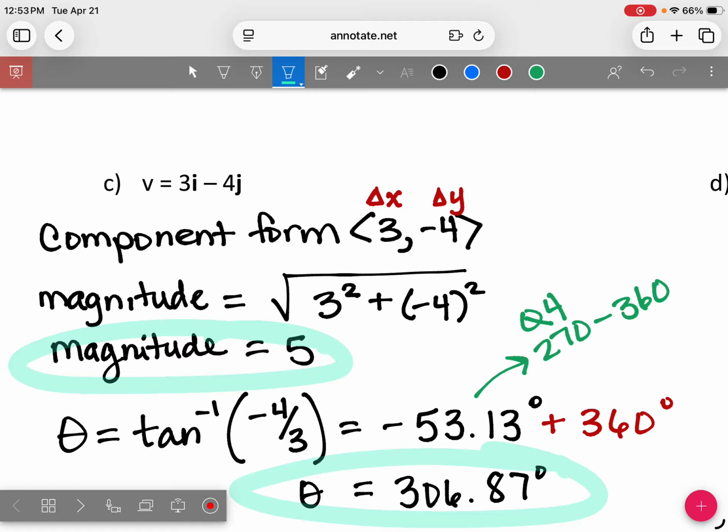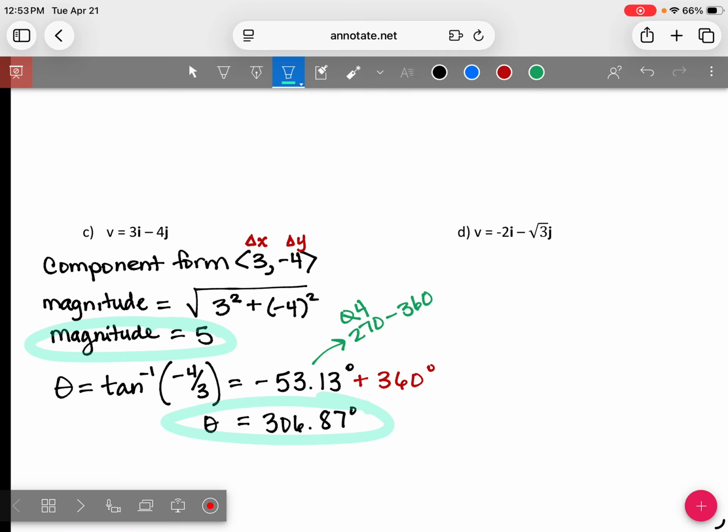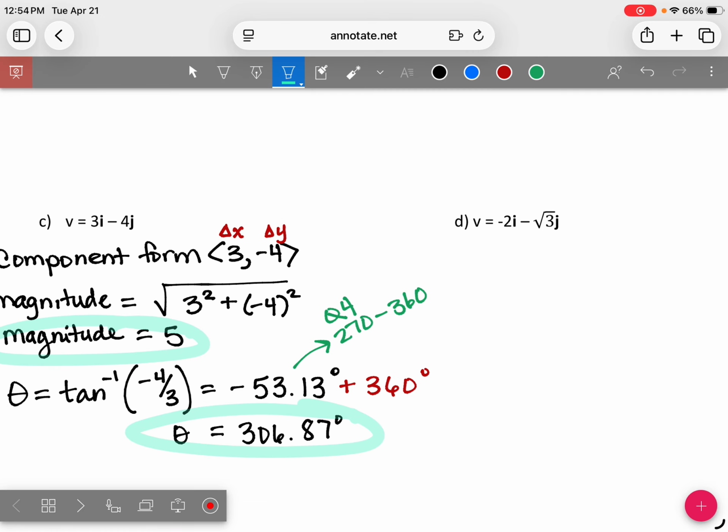Any questions about C? All right, so again, that is vector form. When you look at question D, again, -2 is my horizontal component. Negative square root of 3 is my vertical component. That's component form. This is delta X, this is delta Y. All right, go ahead and find your magnitude first.